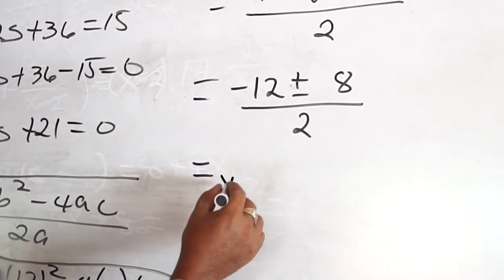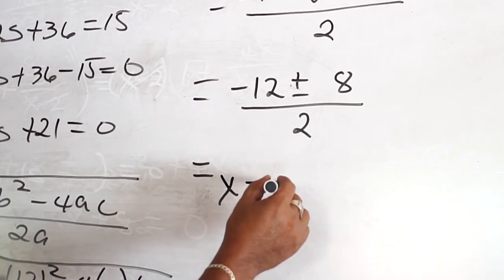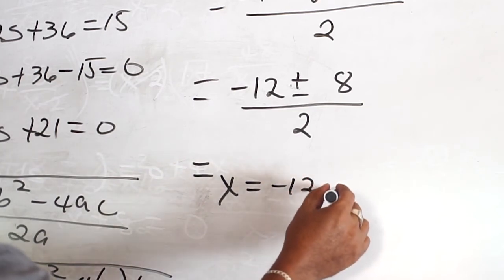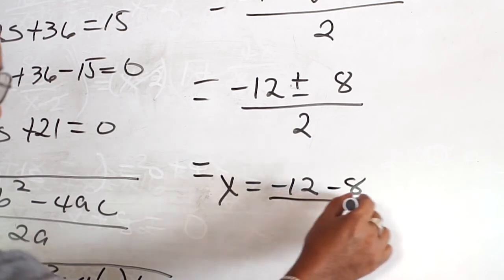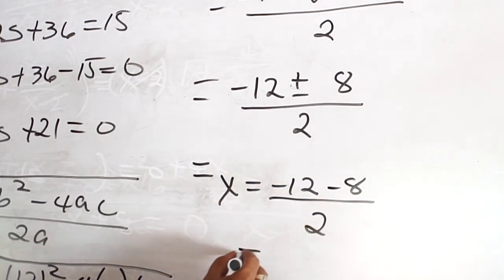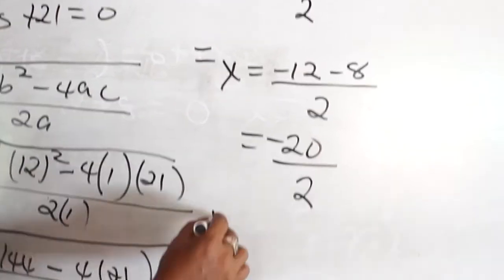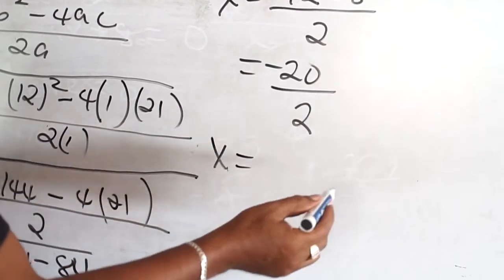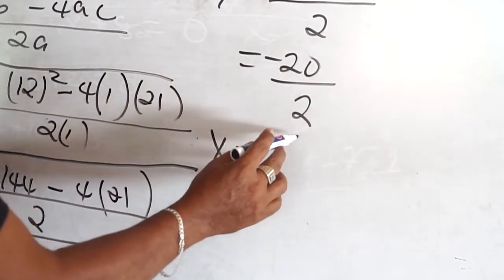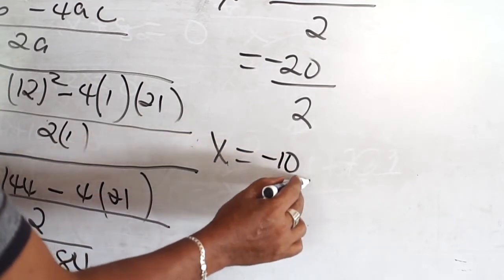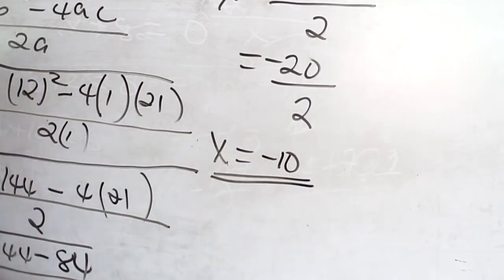So we have here x is equal to negative 12 and negative 8, then over 2. So equals, so add, that is negative 20 over 2. So the first element is equal to negative 20 divided by 2. So we have here negative 10. So this is now the first element.